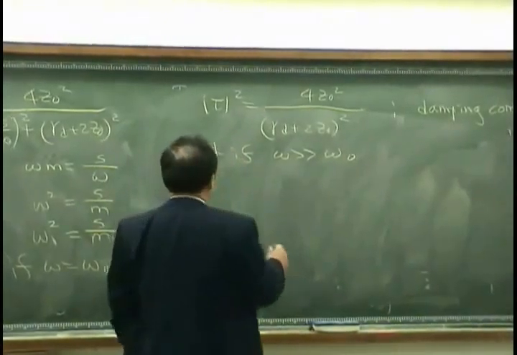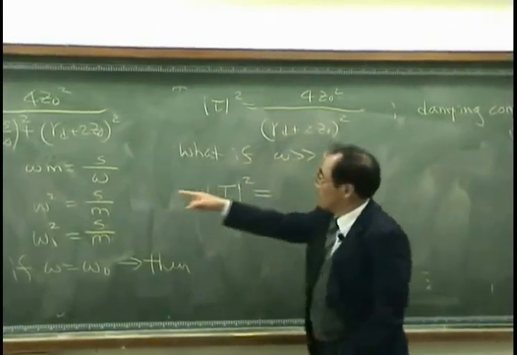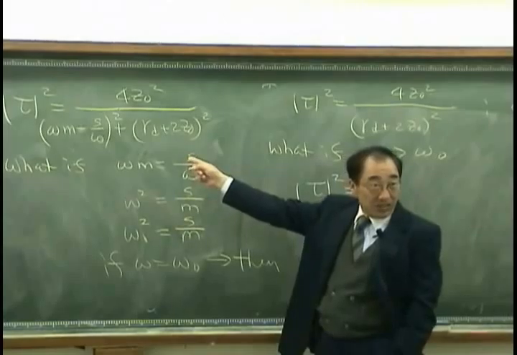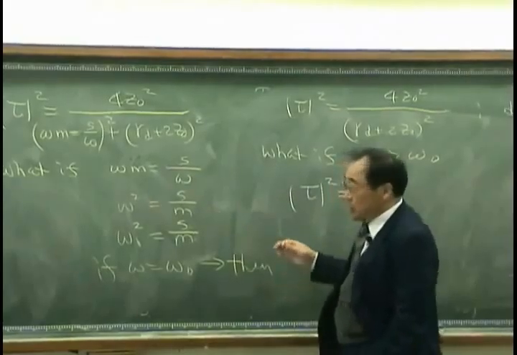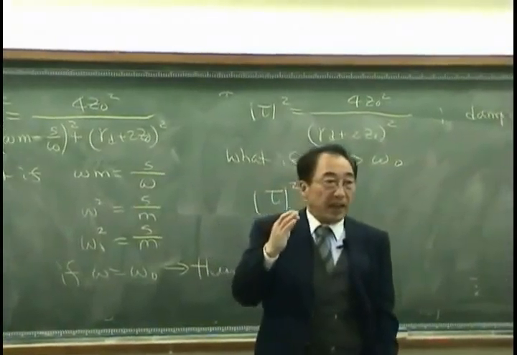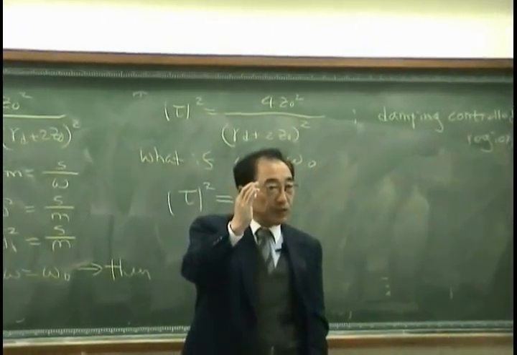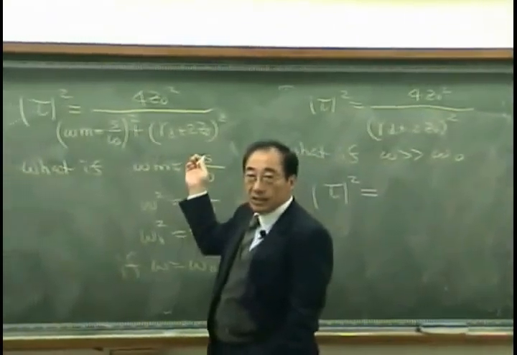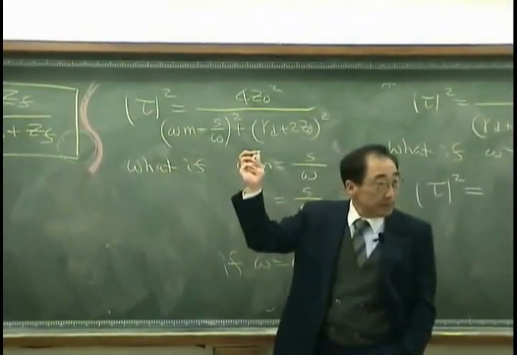So let's divide this form by omega 0. Right? That means omega 0 is a sort of flag frequency that characterizes the global behavior of this transmission loss coefficient. Right?